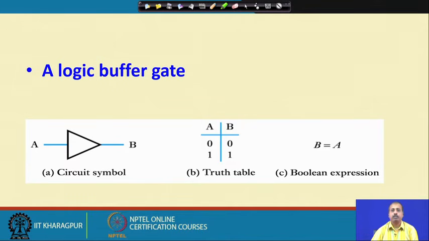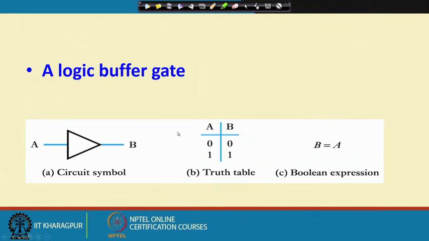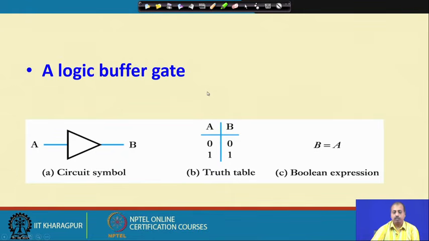It may so happen that one gate output drives a number of gate inputs in the next stage. That way it has to drive a large current, and buffers have the capacity to drive large current. So, we can use this type of buffer. Otherwise, as far as logic is concerned, it does not add anything to the circuit; it just copies the input to the output.